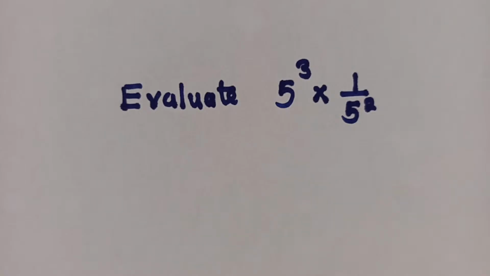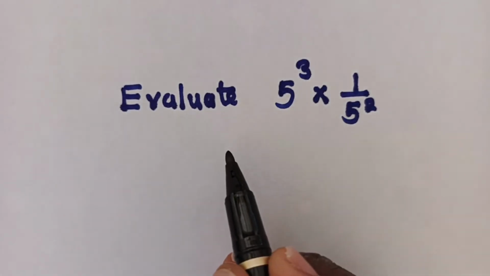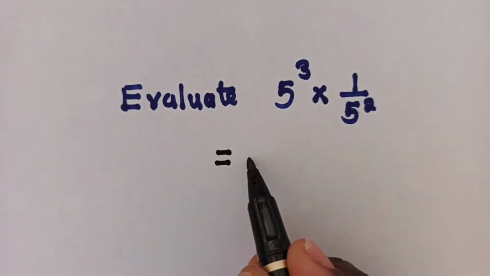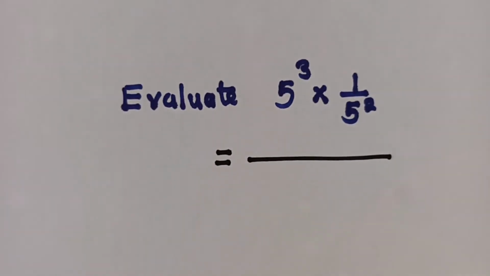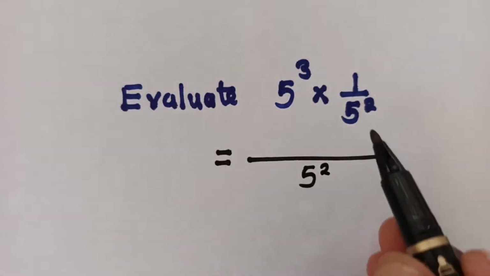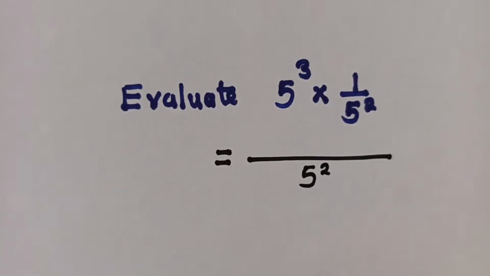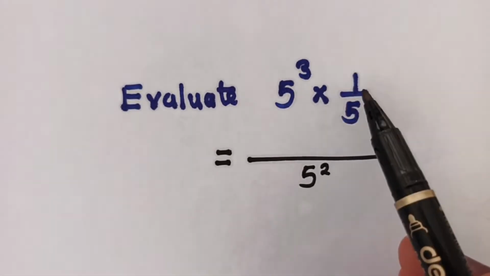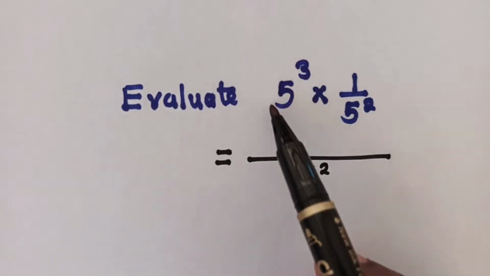So the solution here, the way it's supposed to come out, you say equal to this. We're going to maintain the denominator, which is 5 power 2. Remember, when multiplying fractions, you always multiply what is on top.